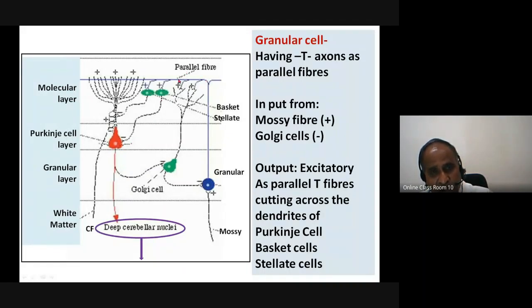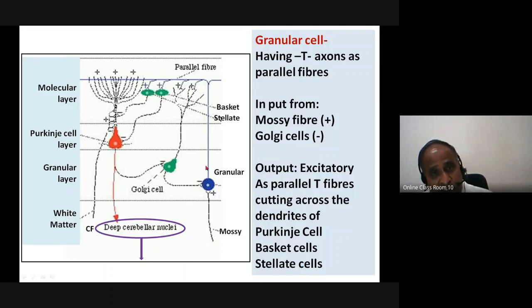Now, this is also exciting the dendrites of the Purkinje cell. So this is excitation here, and this is also excitation. Even before these excitations reach the Purkinje cell, this inhibitory effect is reaching here. This is what is called feed forward inhibition.